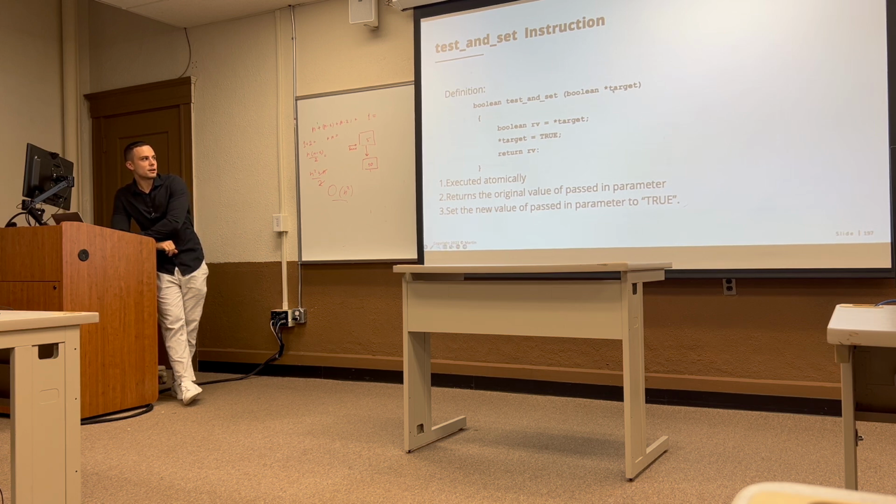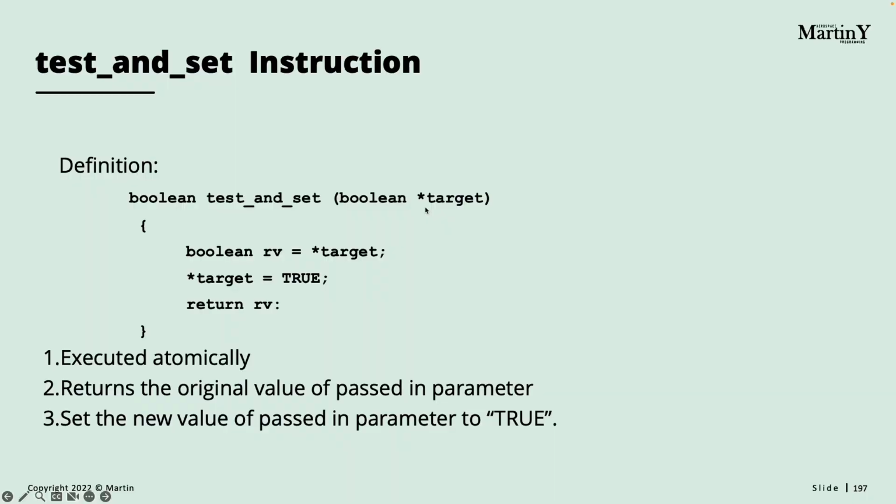So here is the resource value. If the resource is free, as I said, this value here is going to be equal to 0. If a process wants to access this memory location, what will they do?